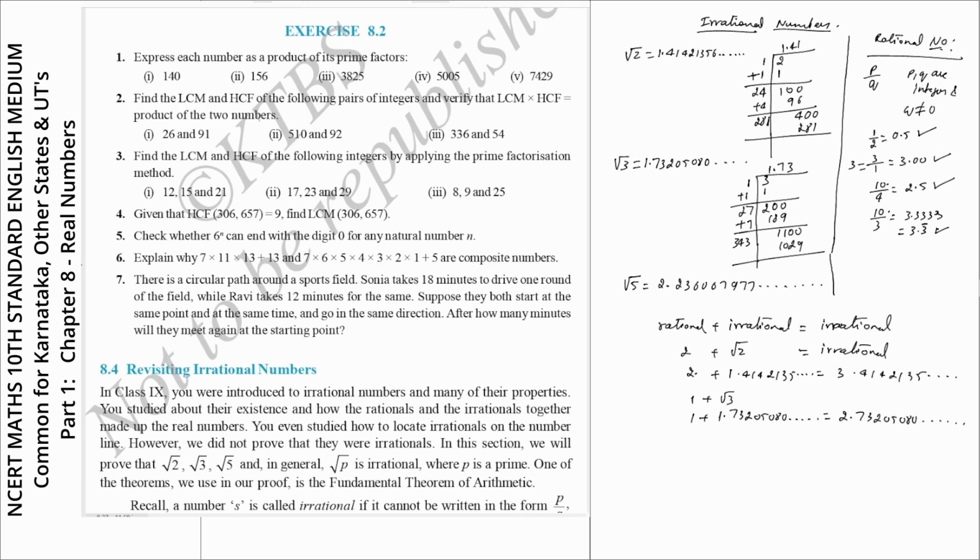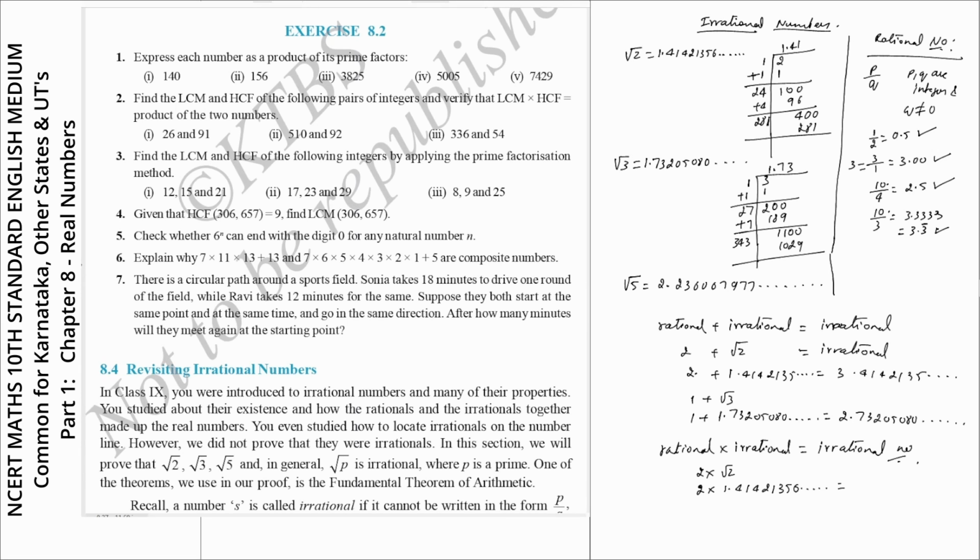Also, a rational number into an irrational number, what could be the value of this one? This also will be an irrational number only. For example, if you multiply 2 into root 2, root 2 is 1.41421356, and it is not terminating.